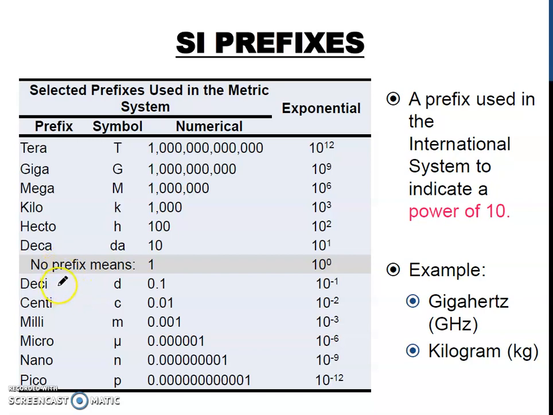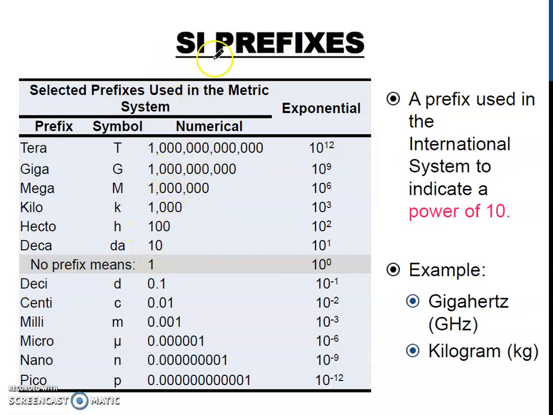And then deka, deci, centi, milli, micro, nano, pico. Yang di bawah ni semuanya negative exponential, maksudnya small number. Yang di atas ni adalah the very large number.